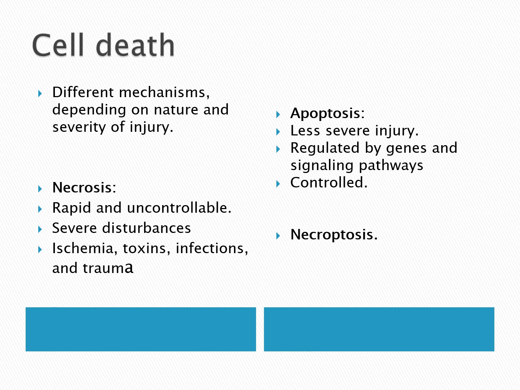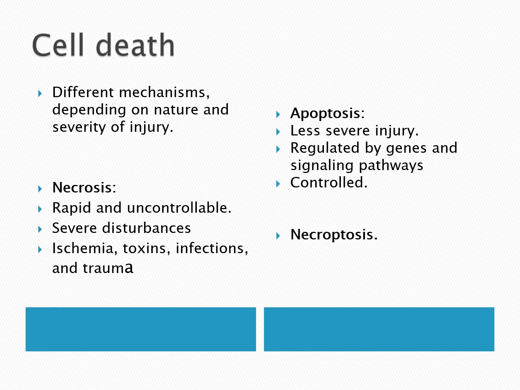Necrosis usually happens when the injury is rapid and uncontrollable and leads to severe disturbances in the cells, most commonly due to ischemia, for example, toxins, infections, and trauma. So cell death occurs in these situations by the pattern of necrosis.